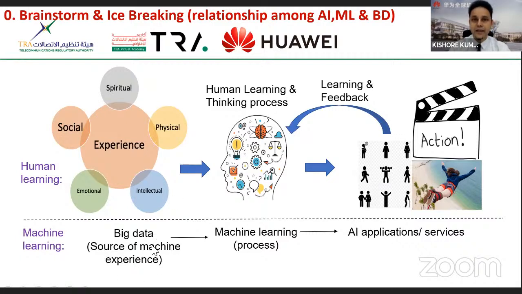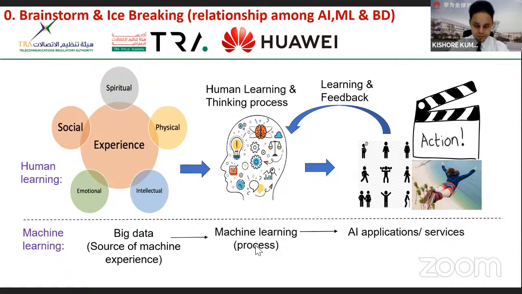Machines don't have the leverage and capability of having bionic sensors. They don't have a chance to go to school like us. So the basis of experience for a machine is data, a huge amount of data, which we call big data. We provide machines a huge amount of data, and they perform calculations and analysis based on different machine learning algorithms or deep learning algorithms, which are machine learning processes.